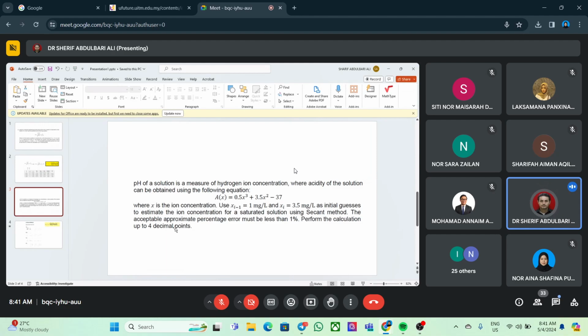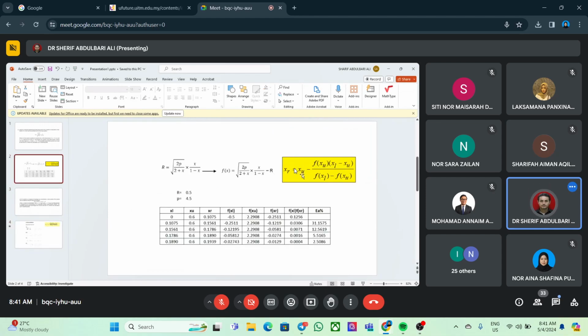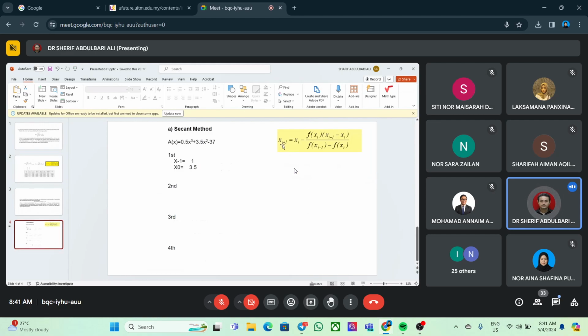And here it asks for the approximate percentage error to be less than 1%. Perform the calculations up to 4 decimal points. To solve this one, the equation is somewhat like the false position method. Here we need to find the value of x i plus 1.